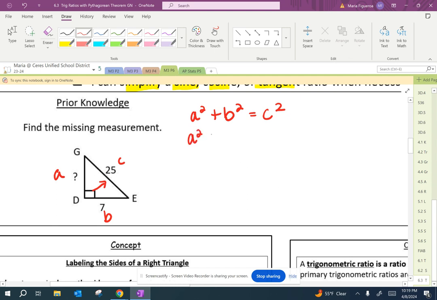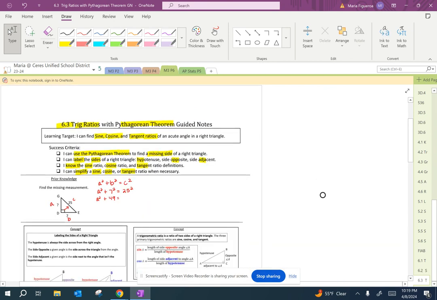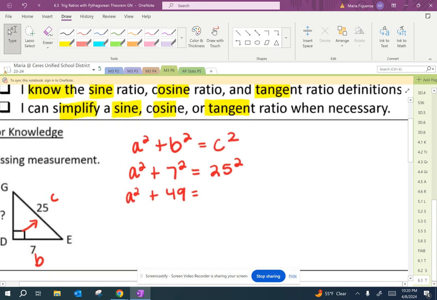So a squared plus 7 squared equals 25 squared. So a squared plus 49 equals 25 squared, which is 625. Let me double check that, but 25 squared is 625.